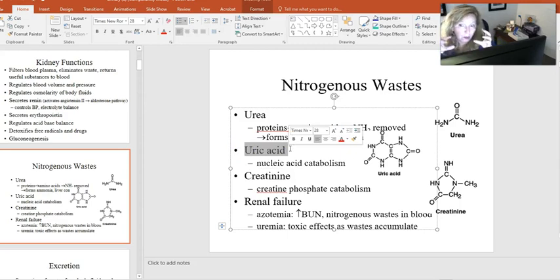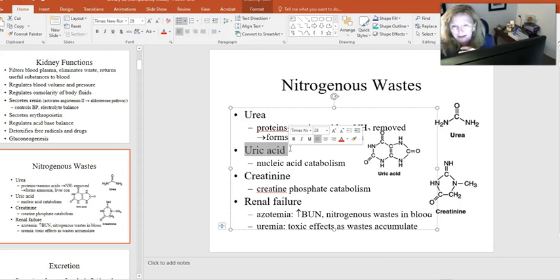When people have trouble getting rid of uric acid and uric acid builds up in the bloodstream, it can actually migrate to joints, synovial joints, and an excess of that uric acid can cause what we call gout. So gout is going to be a very painful joint situation where uric acid has formed crystals in those joints.